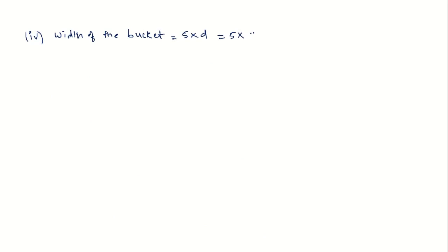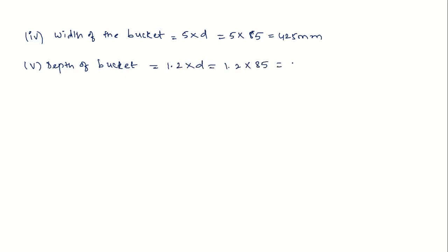I'll substitute in mm. So 5 into 85 comes out to be 425 mm. Next we have depth of each bucket. Depth of bucket is given by the formula 1.2 into d. This is also discussed in points to be remembered. So 1.2 into 85 comes out to be around 102 mm.